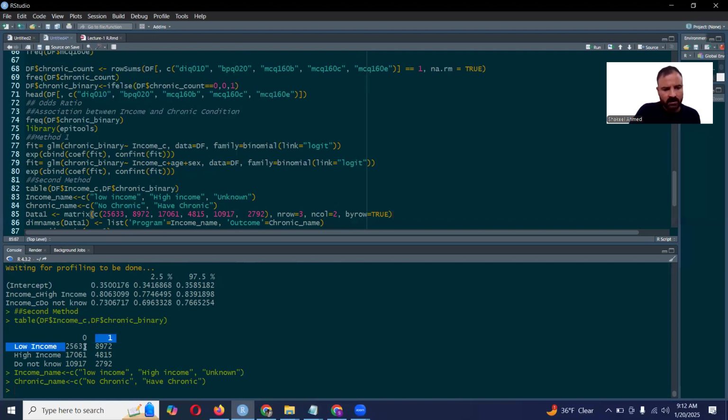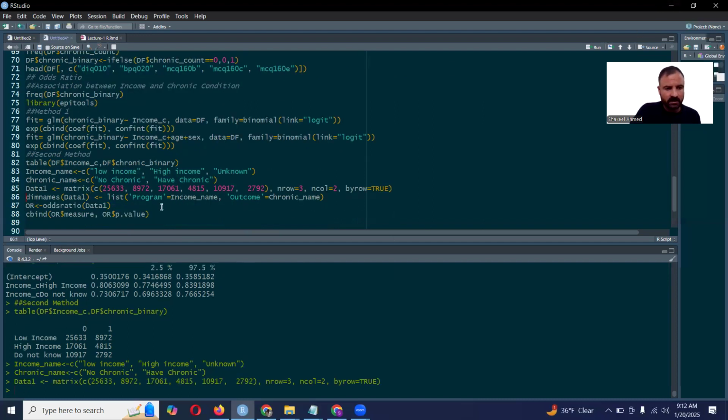So I am just putting values like this: 25, and then 89, and then 17. So these are the values I just read in matrix form, and you can just run this command, and you can name the different rows and columns. Rows are income, where we have already given names to different categories of income, and we have already given names to the different chronic conditions, that is no chronic condition and have chronic condition.